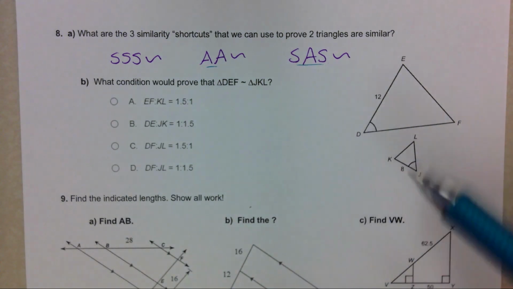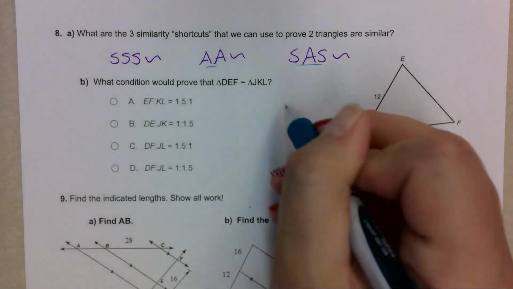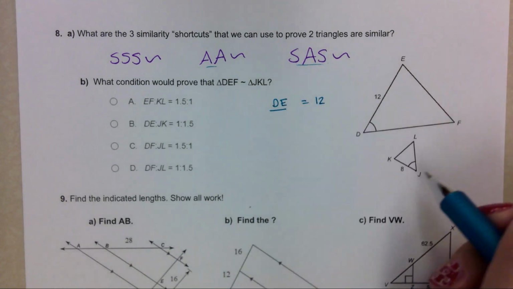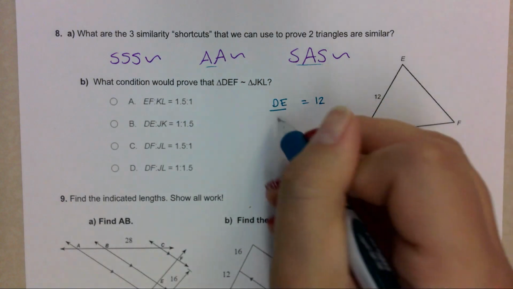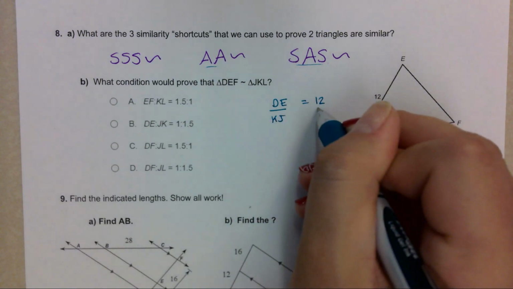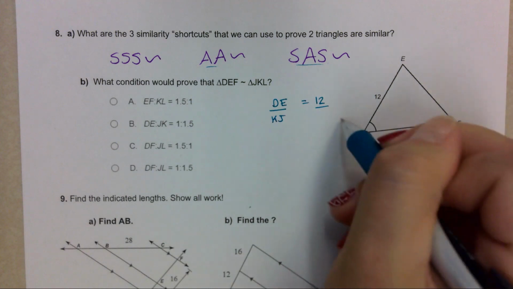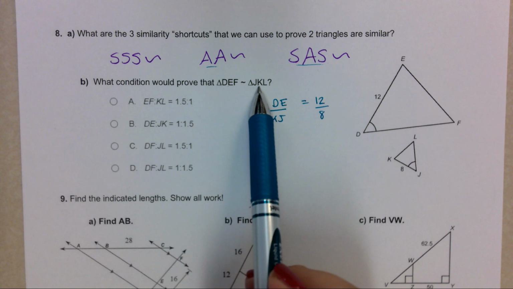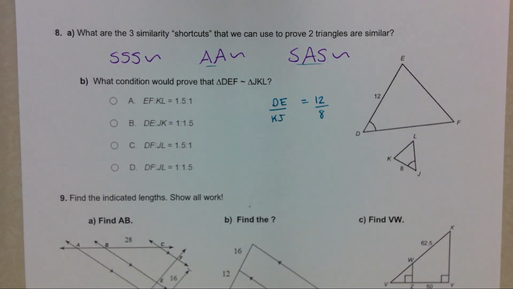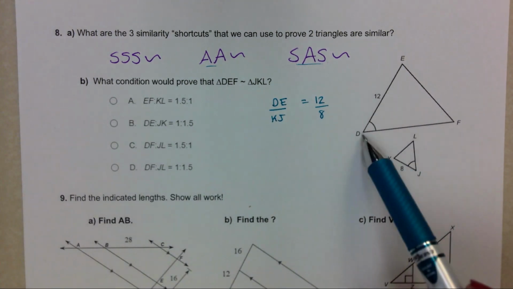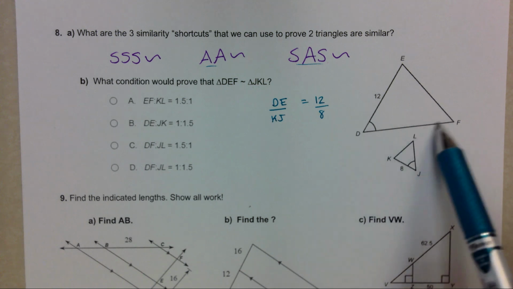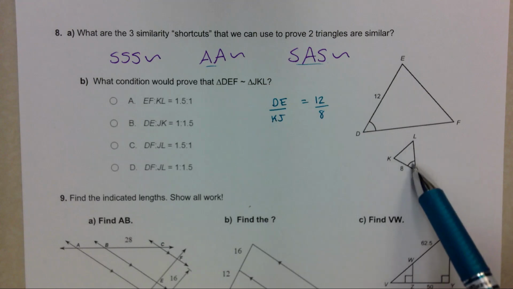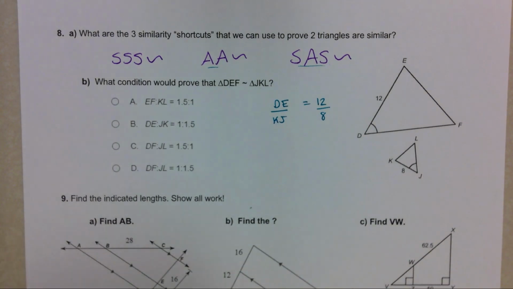So right now, because we have DE is 12, and KJ equals 8, and DE and KJ are in corresponding places, I have side, angle. I would really like to prove that the other side, on the other side of that angle, is proportional. And so we have a scale factor.